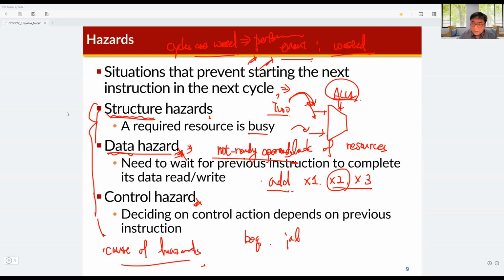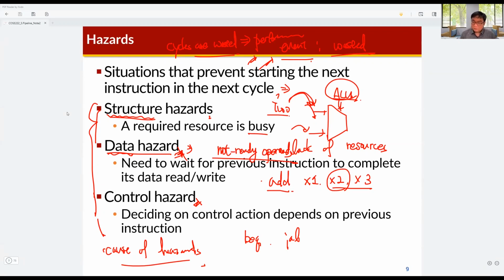In the previous class, we learned about the basics of pipelining design, and the hazards of processors. I think I mentioned these hazards are very important. Why?